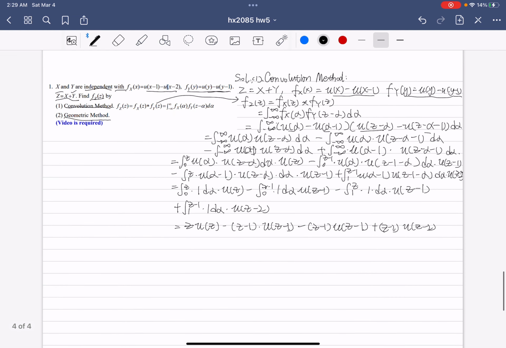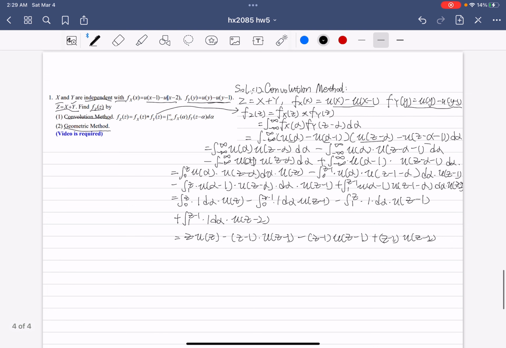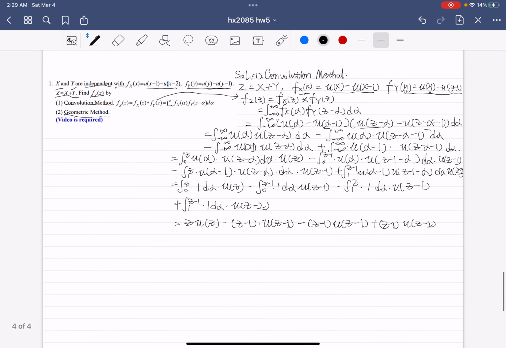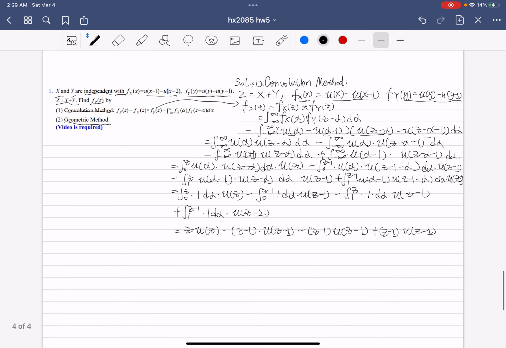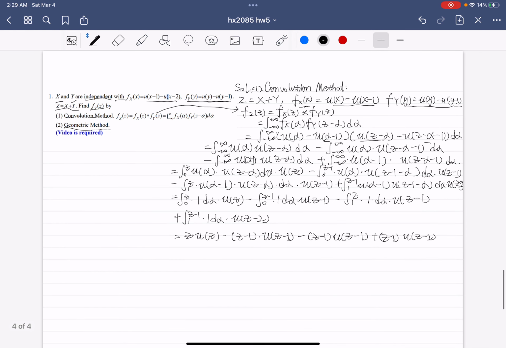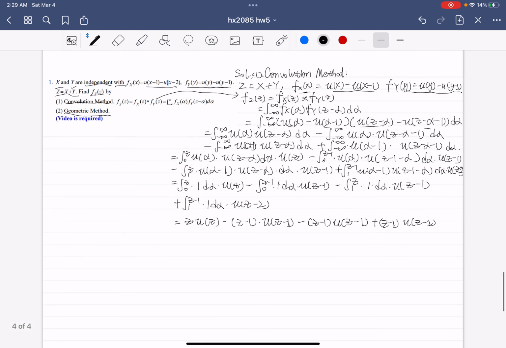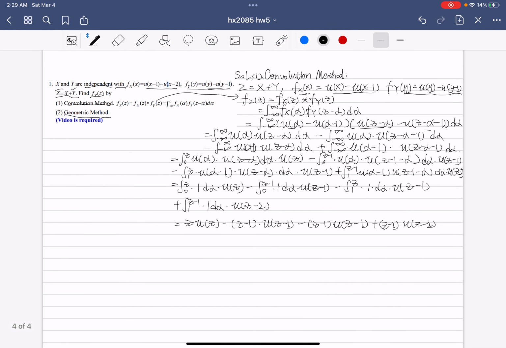We should notice that this result is not the final result. It's the probability density function of z for fx equal to u(x) minus u(x minus 1). We need one more step to shift it to the right by 1 to get our final result.